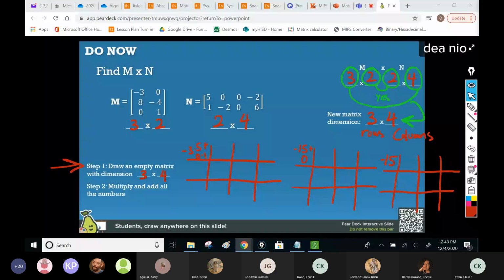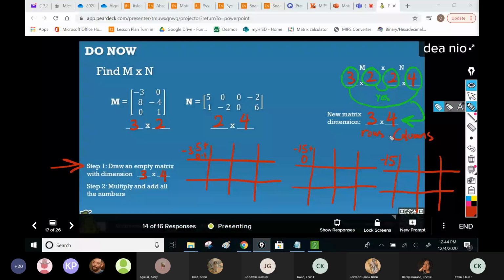Hey, Hannah, check the second row, first column. This number right here.